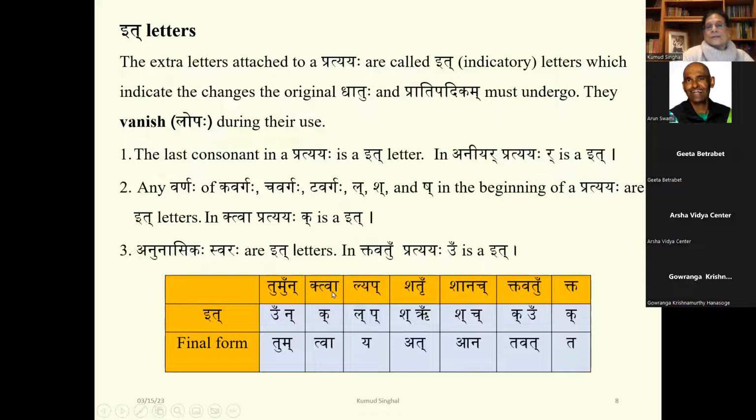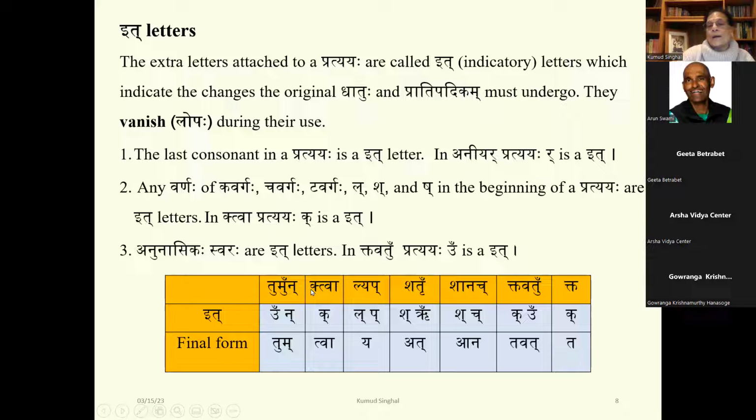So these are the krit pratyayas which we are going to study in detail. Tumun: ta doesn't go, and na is the ending consonant, so that is an it letter. Out of tumun, u and na are it letters, and the final form is tum.